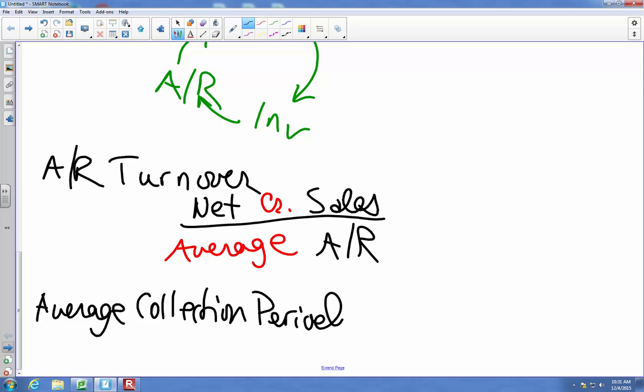So the first thing when you go to look at that is you've got to ask me what percentage of my sales are on credit. Didn't I say somewhere in there everything's on account?